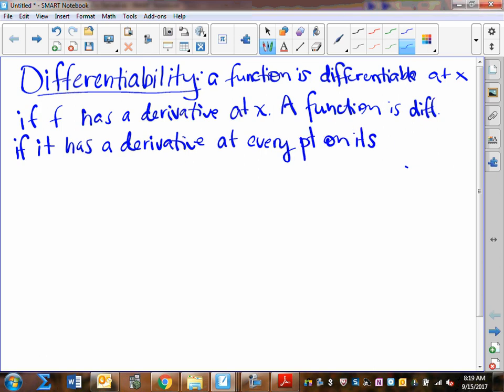Same terminology as continuity: if it's continuous at every point on its domain, we can just say f of x is continuous. Likewise, if f has a derivative at every point on its domain, then I can say f of x is differentiable. But being differentiable at a specific point means it has a derivative there. So when I say a function is differentiable, that means that at every single point on its domain, you can take the derivative.